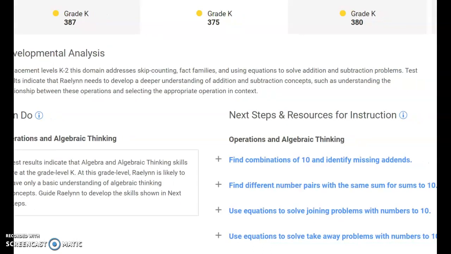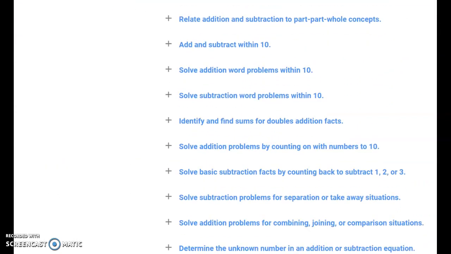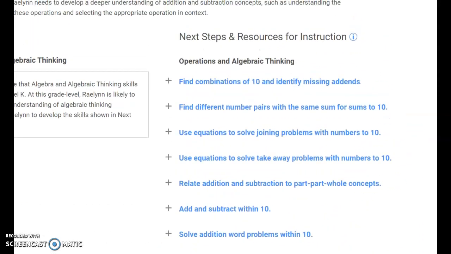Now this is what the student needs to work on. These are the things that I need to work on with the student. As you can see, there is a long list of things to work on. So I'm only going to pick up to 3 items so that way the student does not get frustrated. I don't get frustrated in trying to figure out what would be the best thing to help.